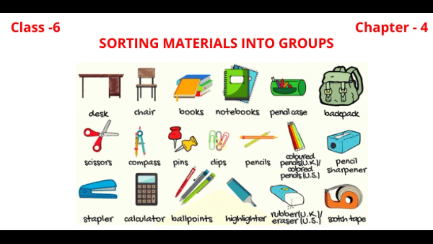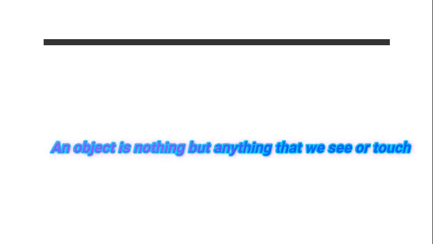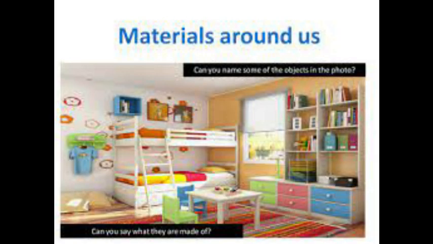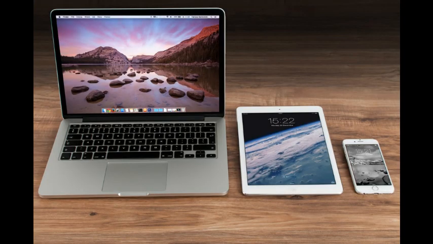Now if you see this material, all these things are objects. They all are objects. Now what is meant by an object? An object is nothing but anything that we see or touch. All the objects are different in shape, size, color, and many other aspects.